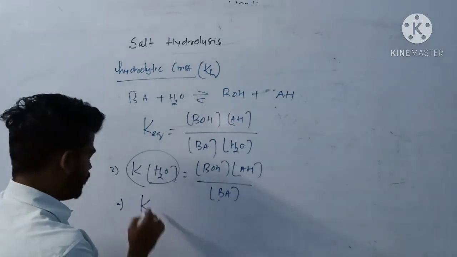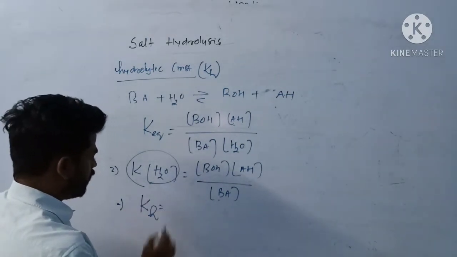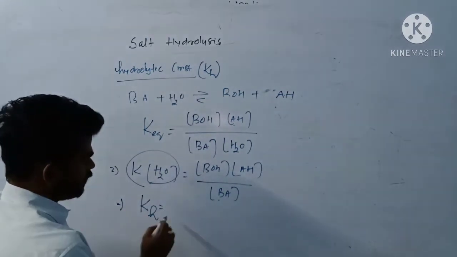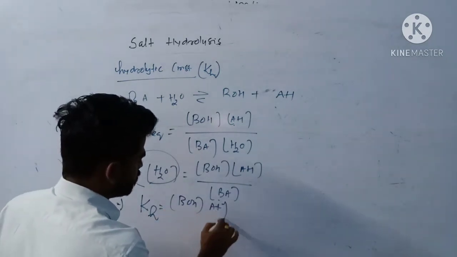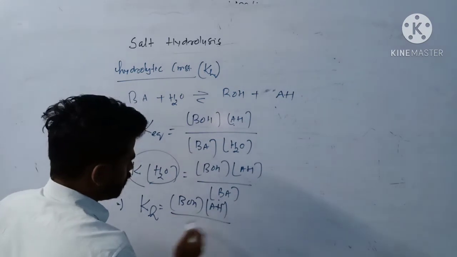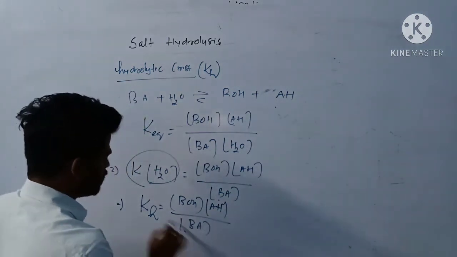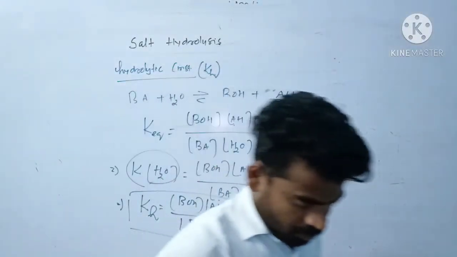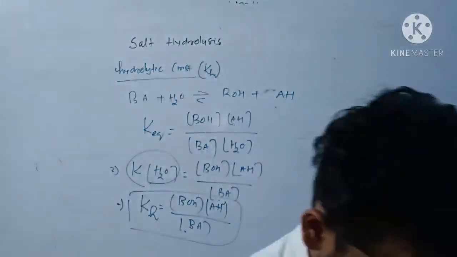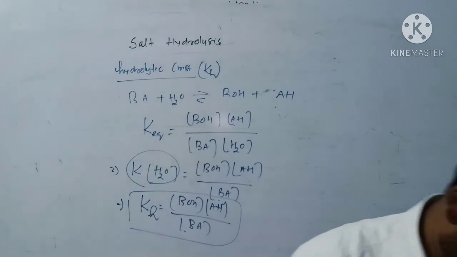So overall I can write KH, hydrolytic constant, that is BOH into HA divided by the concentration of salt. So this is the expression for hydrolytic constant, that is called KH.